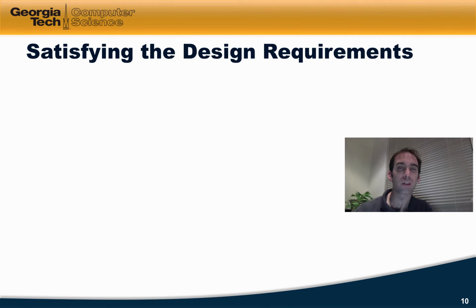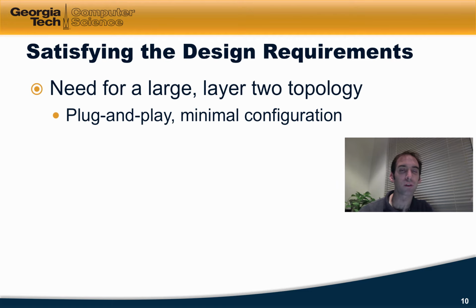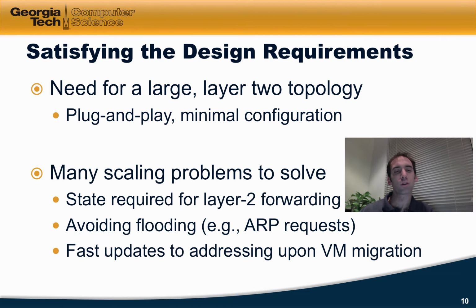To satisfy the design requirements we set out for ourselves, there is a need to construct the data center as a single large layer 2 topology. Such a topology is of course plug and play and requires minimal configuration. Yet, this approach introduces many scaling problems.